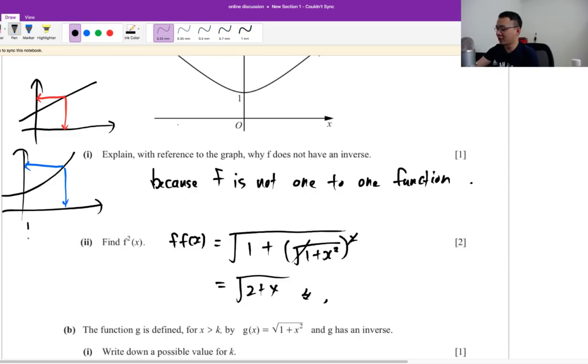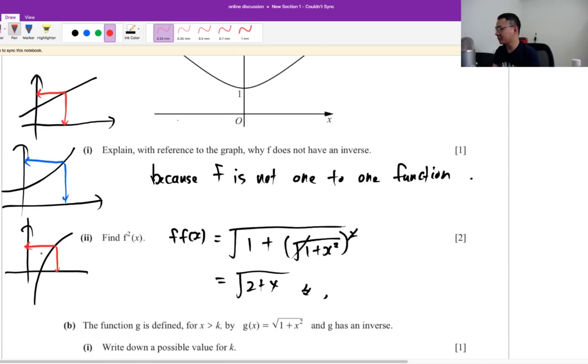Or you can have a graph that looks like this. One x value only gets one y value. All of these we call one-to-one functions. One object connects to one image. We call it a one-to-one function.